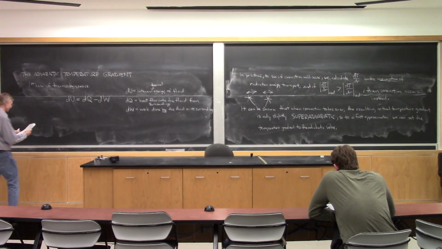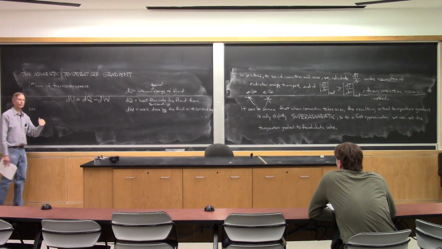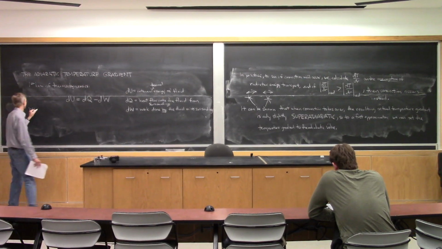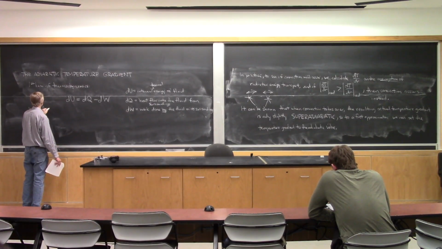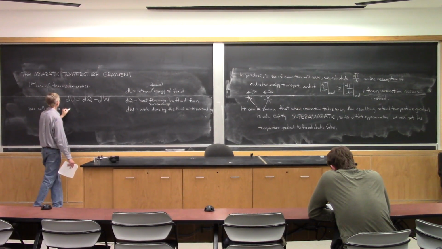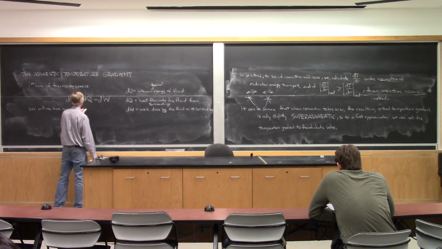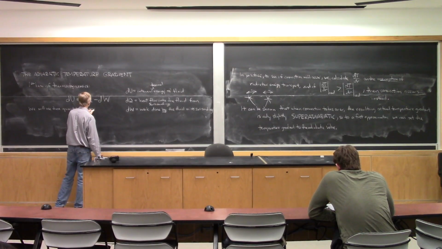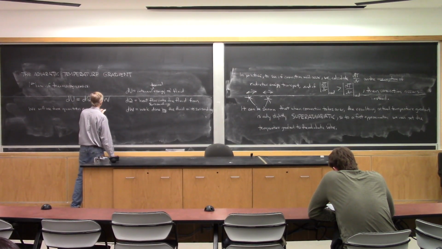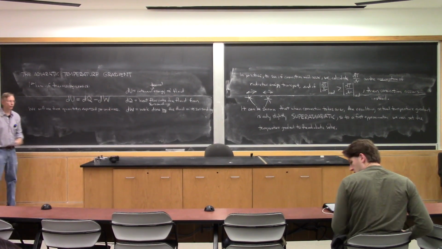Okay, so we will use these quantities expressed per unit mass. So in other words, implicitly, we're always dividing by the total mass of the fluid.